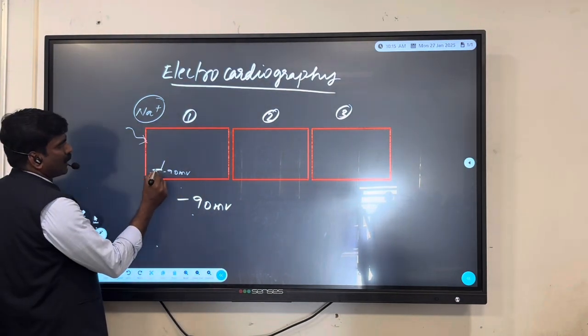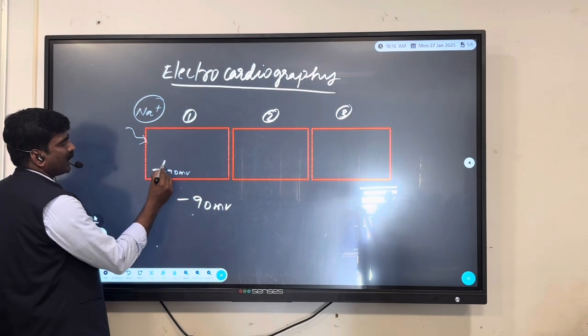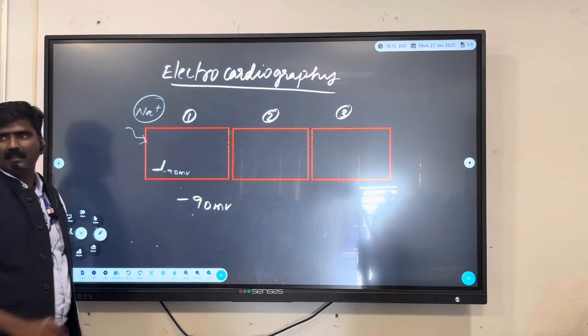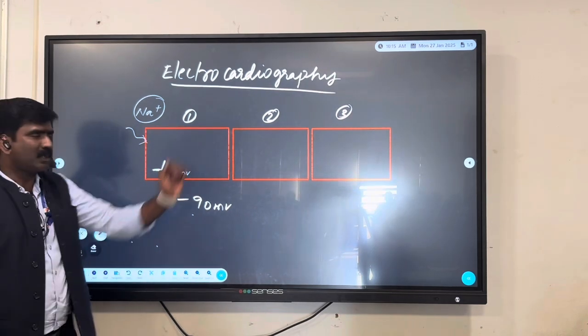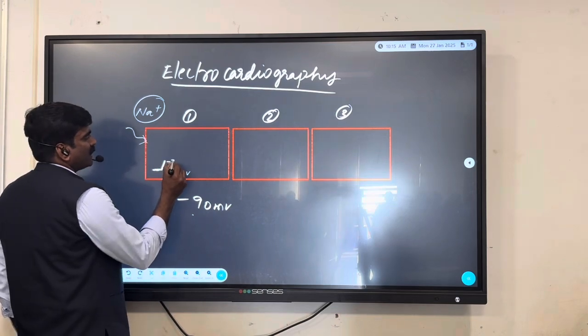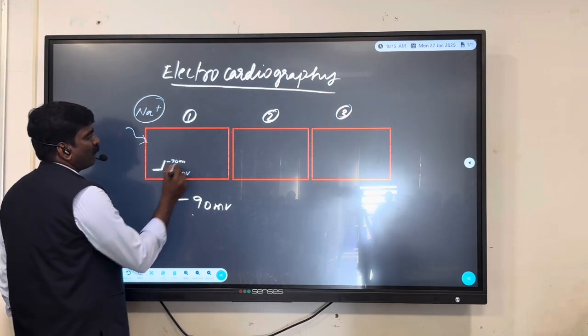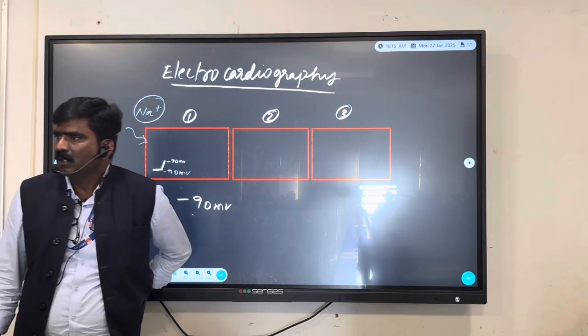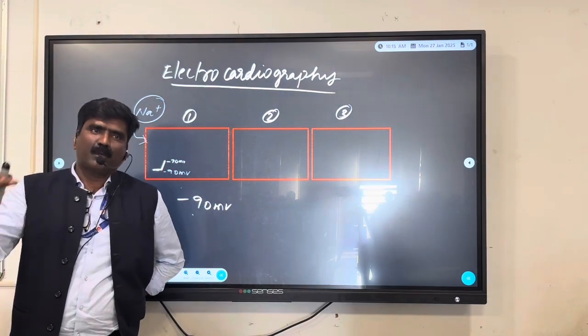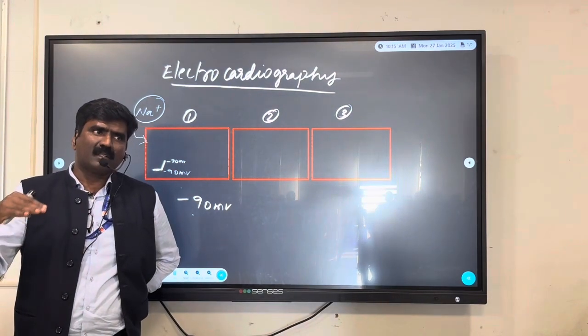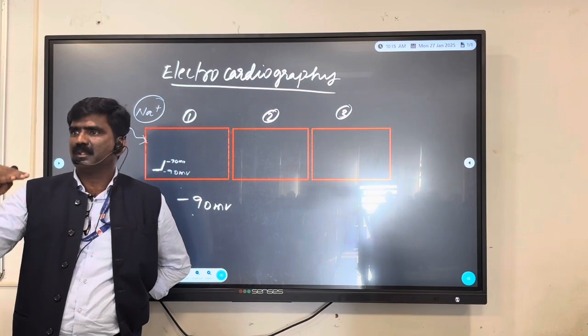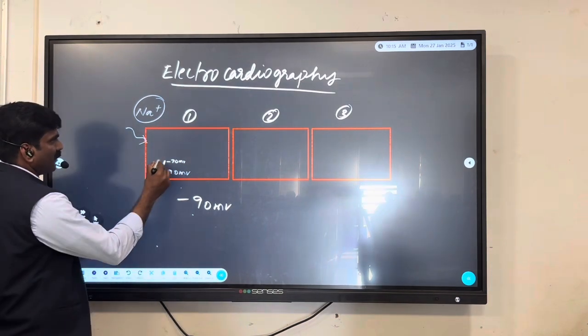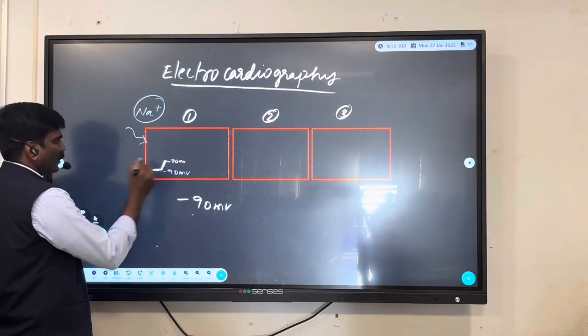Slightly, the membrane will become less negative, right? From minus 90, imagine it reaches minus 70 millivolt. That is called the threshold potential. When the resting membrane potential reaches the threshold potential, that is minus 70, what will happen?